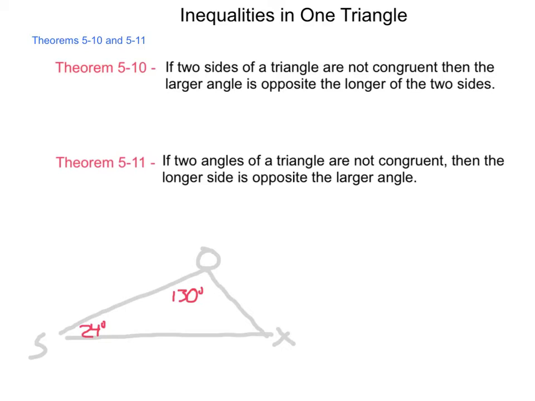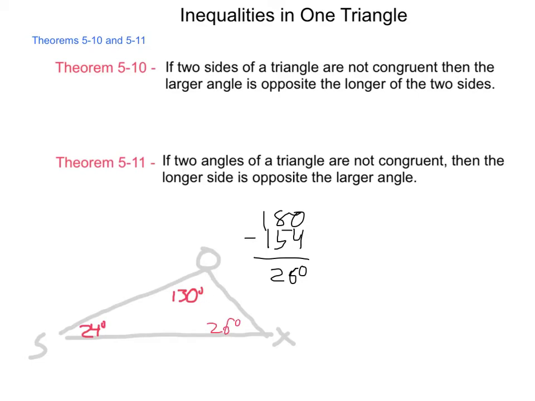The two angles that are already provided, 130 degrees and 24 degrees, have a sum of 154. If we subtract that from 180, we come up with 26 degrees, and that will be the measure of angle X. So angle X is 26 degrees.